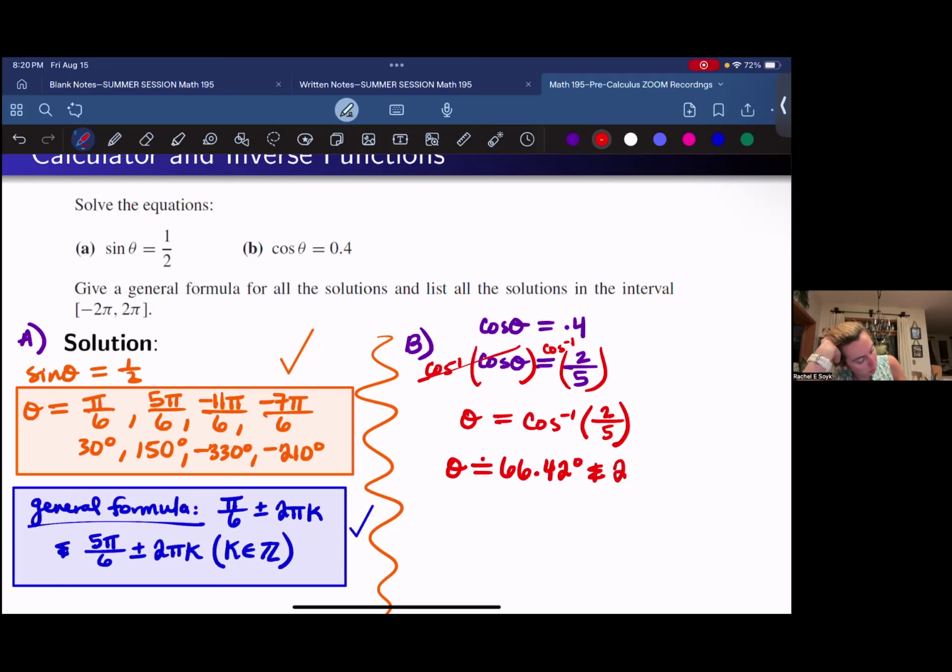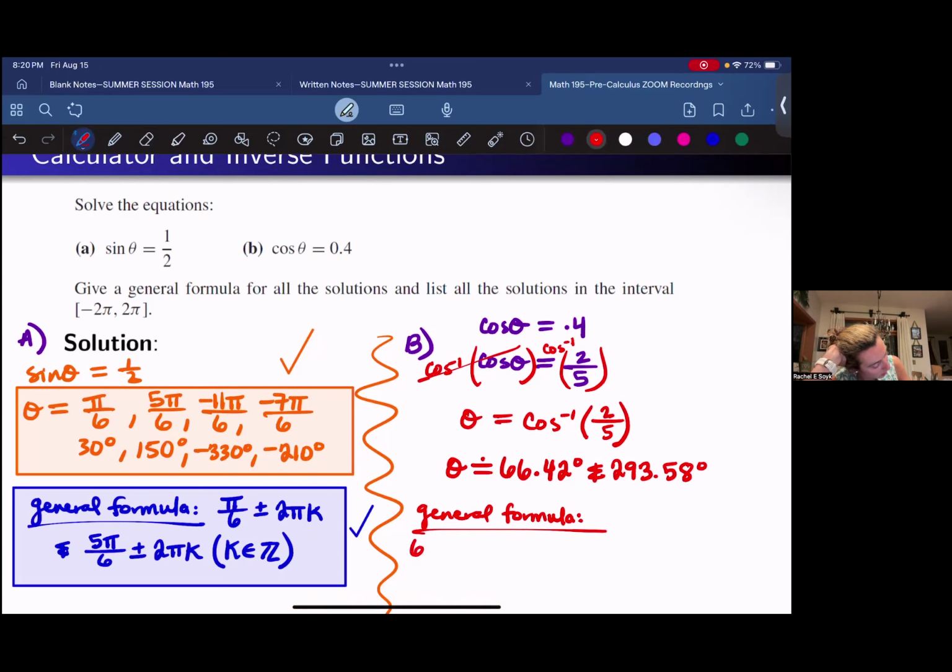So 293.58 degrees. And then our general formula is going to end up looking like the following. We have this plus or minus our 360K, where K is an element of our integers.